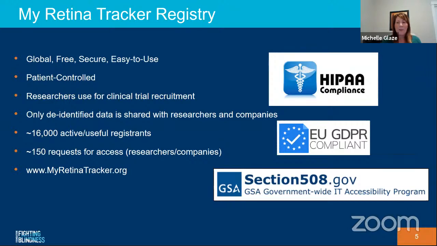So what happens is if you go online and you create a record, there is an alphanumeric code that is associated with your record. So if researchers, biotech, pharmaceutical companies are looking for individuals for potential clinical trials, they can look at that registry and they'll receive that alphanumeric code. From there, they would contact the Foundation Fighting Blindness and identify that record number.